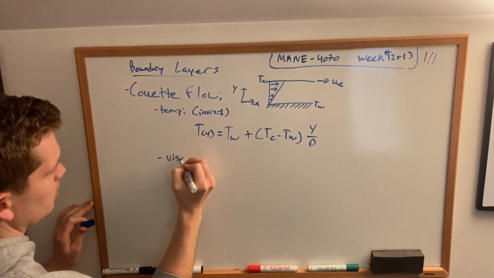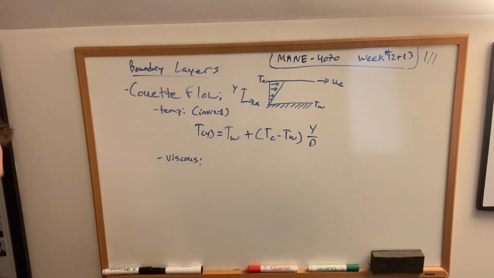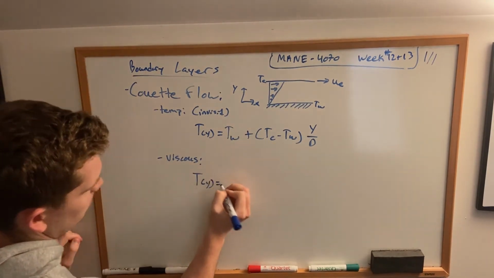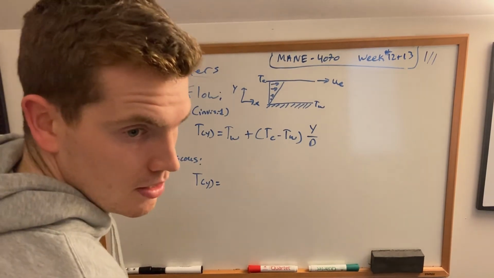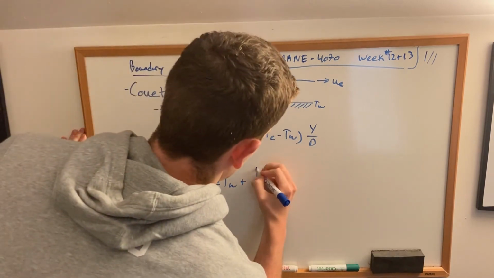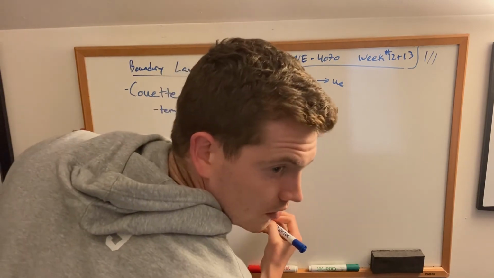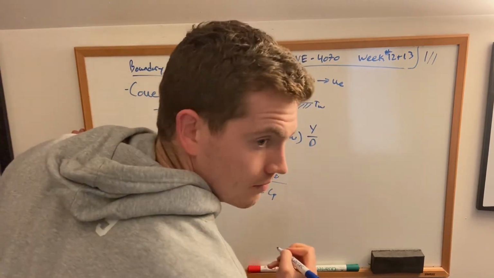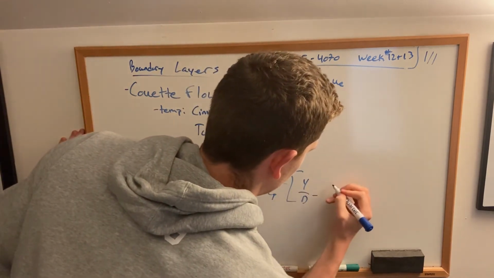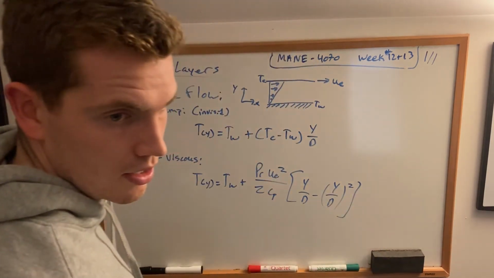If we want to do it viscously, we're going to include the viscous dissipation term in our Navier-Stokes equations. This temperature function then becomes T equals TW plus your Prandtl number, UE squared over 2 Cp, multiplied by y over d minus y over d squared, end brackets.